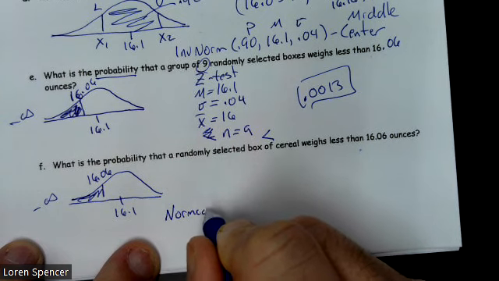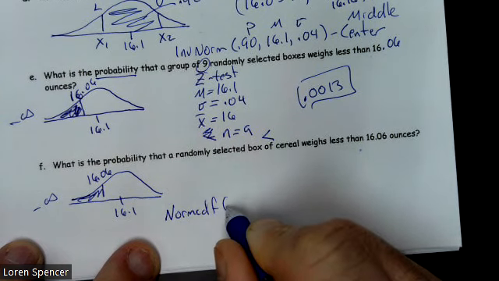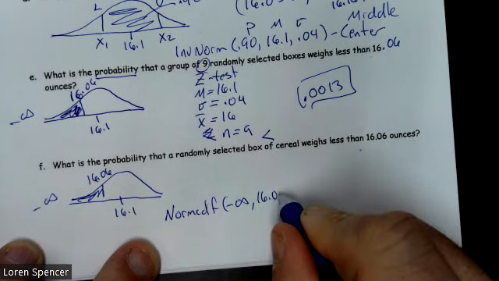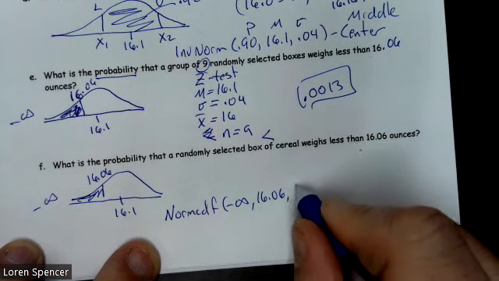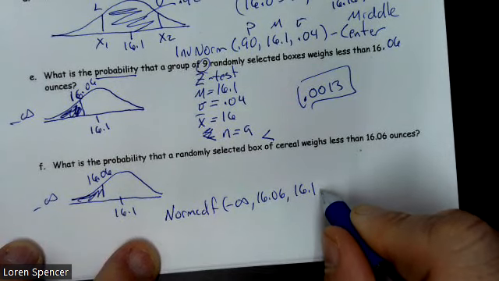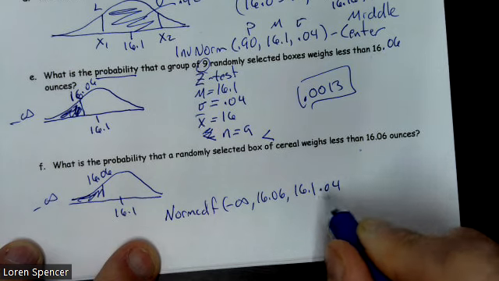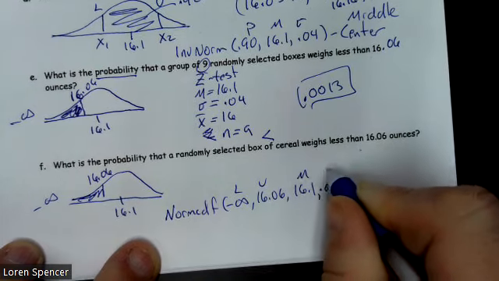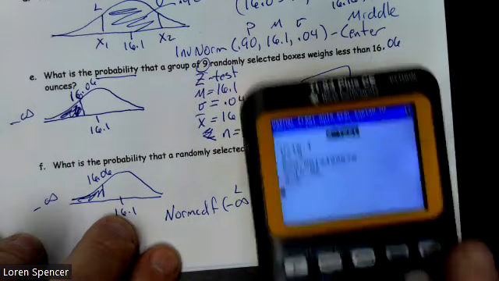That's going to be a normal CDF. The lower bound is negative infinity. The upper bound is 16.06. The mean is 16.1, and the standard deviation in this case is 0.04. Lower, upper, mean, standard deviation.